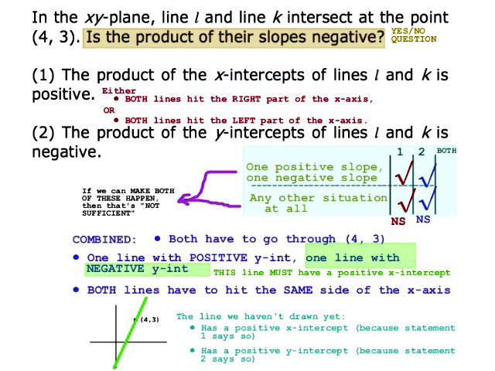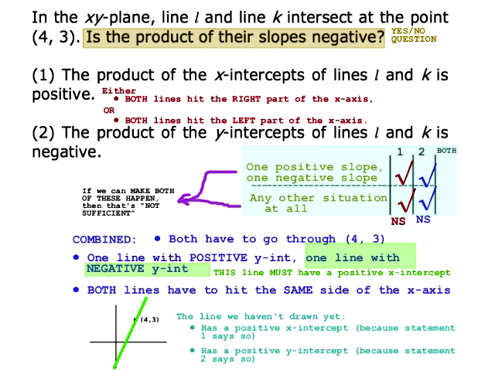What does that mean? What do we know about a line with a positive x-intercept and a positive y-intercept? Yeah, it's going to have a negative slope, right? The only way to get from the positive y-axis to the positive x-axis is to slope down.